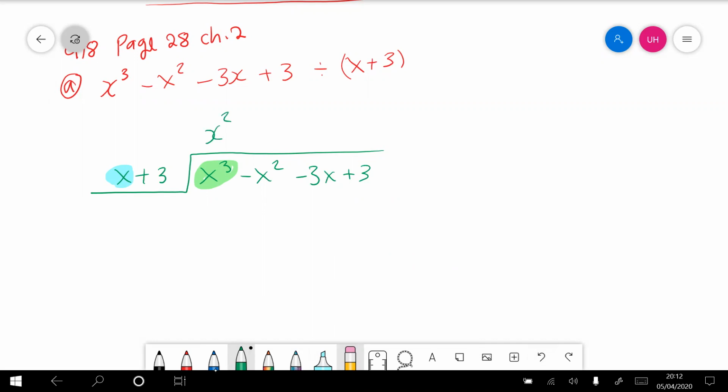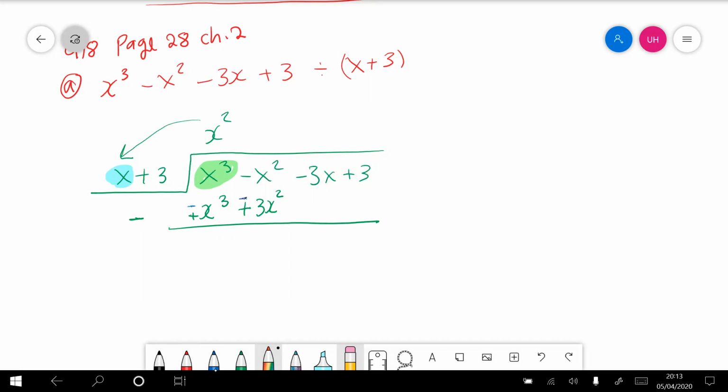Okay, and now we multiply. So x squared times x, the blue x, is x cubed, and then plus 3 times x squared, which is 3x squared. And now we subtract. So when we subtract, it's like we are changing the signs for these, because minus times plus is minus.